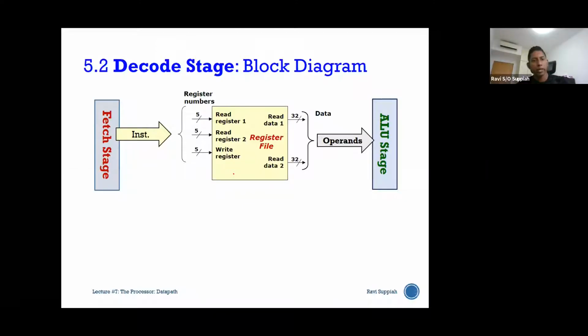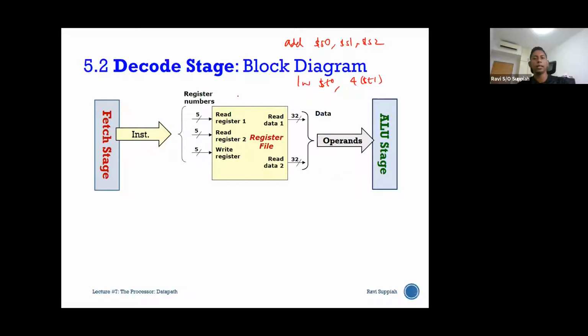But all other instructions do require you to access the data in registers. So if I were to say add S0, S1, S2, or load word into T0 from T1, something like that, all of these types of instructions will require me to have register access.